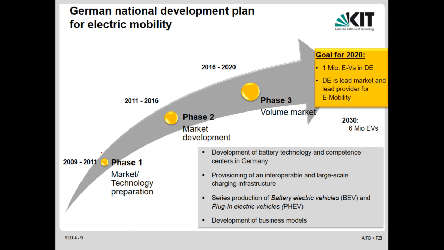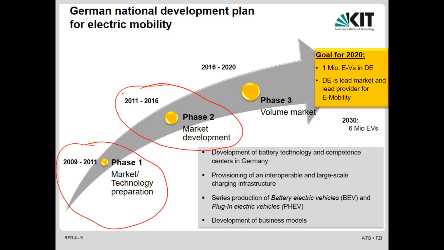So the initial phase was the runtime of Meregio Mobile, market technology preparation. Now we are just at the end of the market development, and now we hope that the final 4 years here are the volume market, where we actually get the 1 million electric vehicles. And in 2030, the assumption is that we will get something like 6 million electric vehicles.